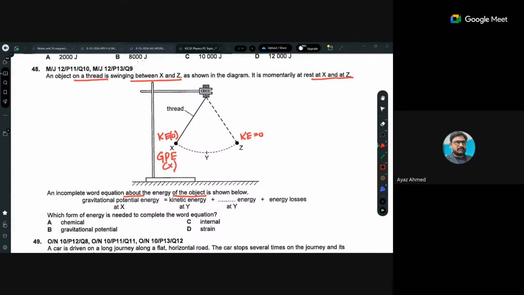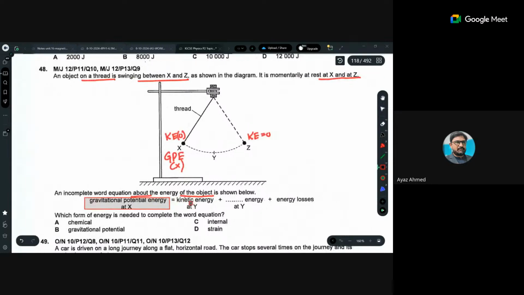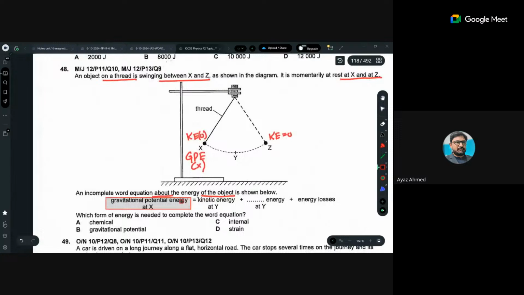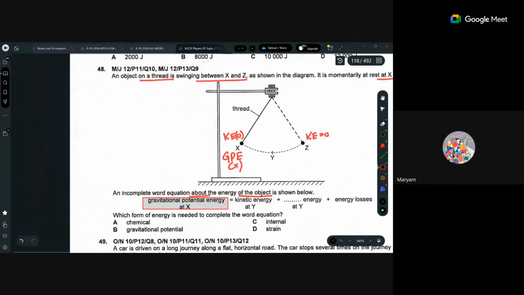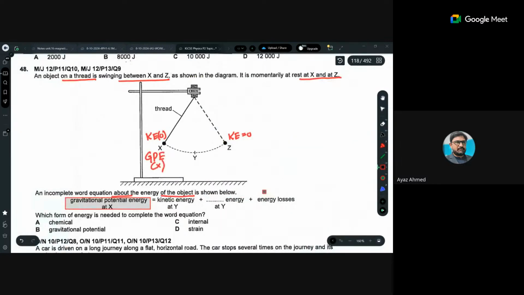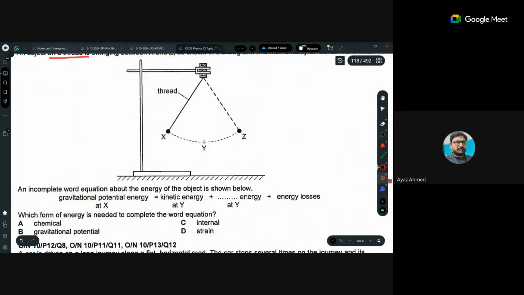So the gravitational potential energy at x is equal to kinetic energy at y plus what? Dash energy at y. Kinetic energy at y plus potential energy at y, plus energy loss, because it has some height.